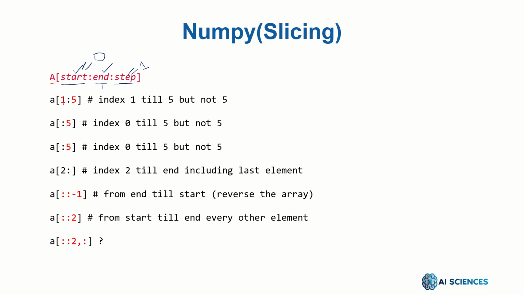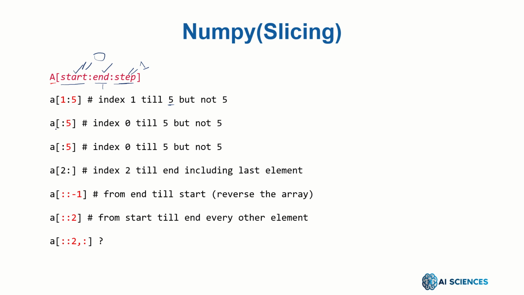Here 1 does not mean the first value, because the indices start from 0, so it will pick all the elements starting from index 1, which means the second element, till the index 5. But the index 5 is not included because, as a convention, the end value is not included.